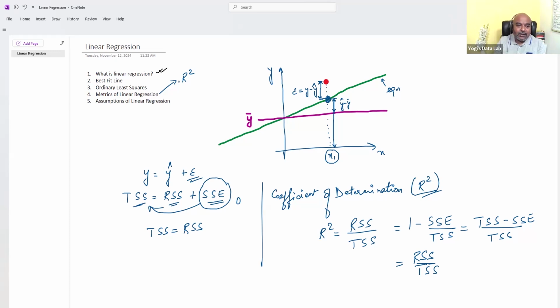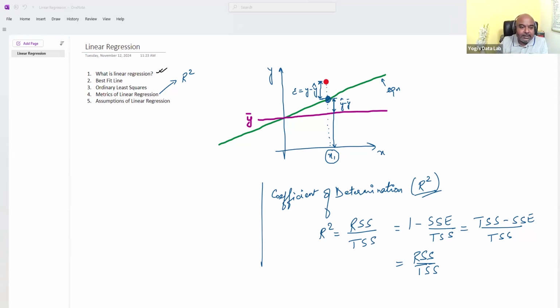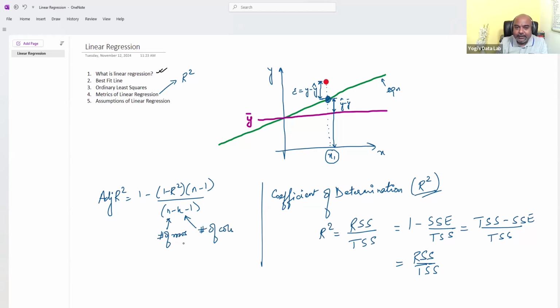So for this came the concept known as adjusted R square. Adjusted R square is given by 1 minus R square into n minus 1 divided by n minus k minus 1. n is the number of rows and k is the number of columns or features or variables, whatever you call them.